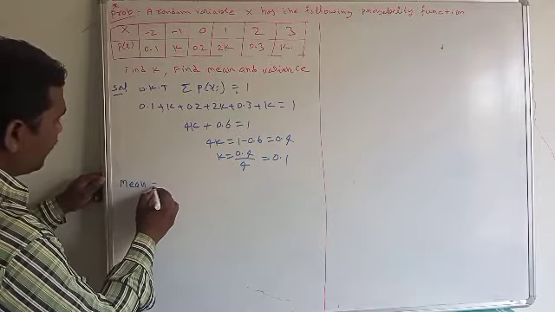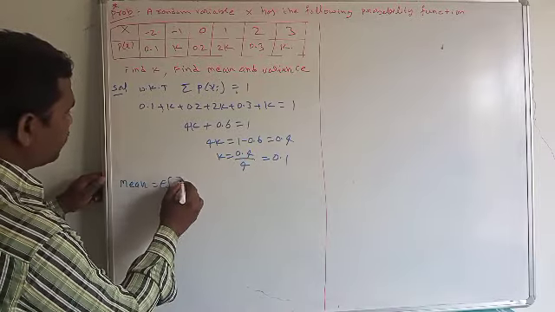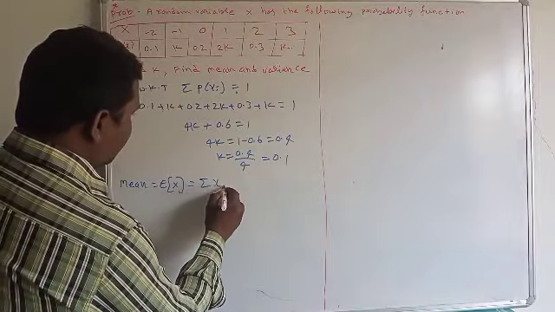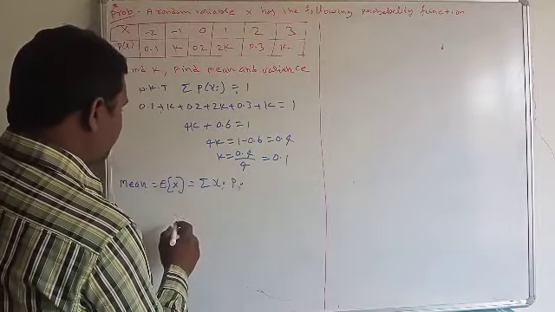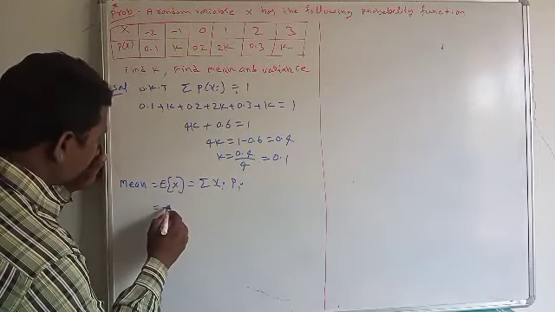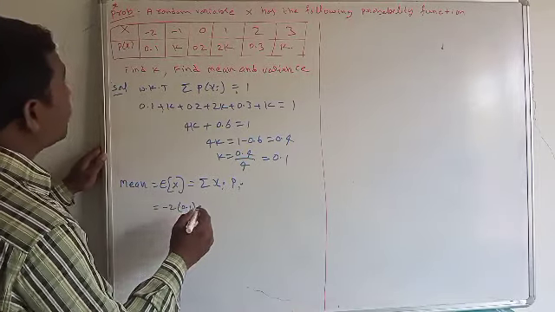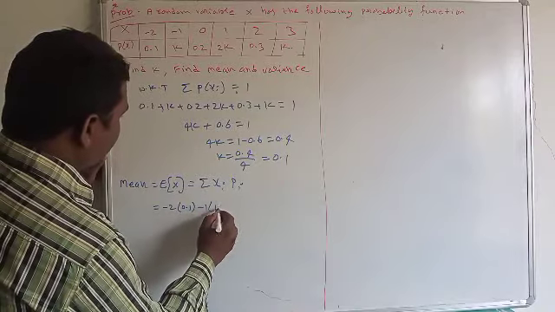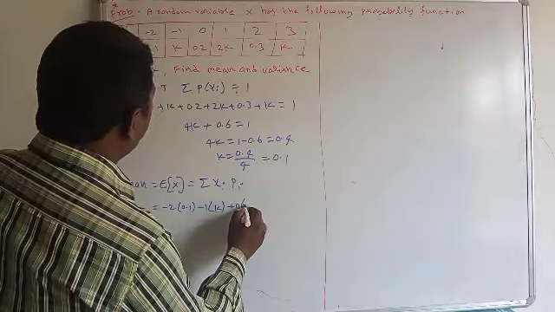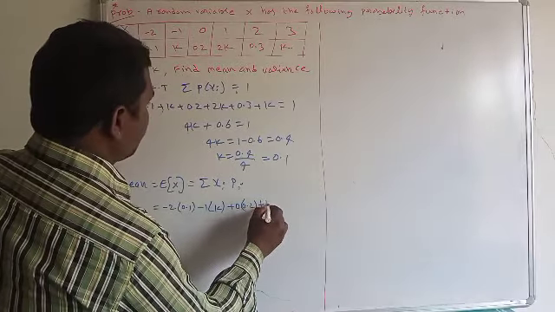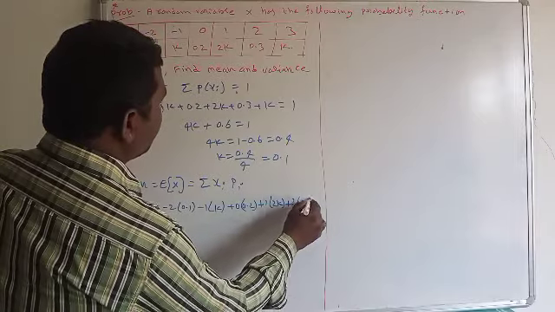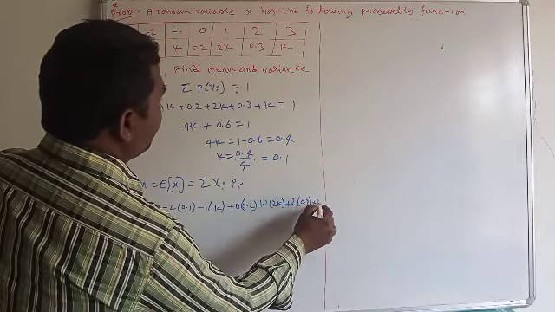What is the formula for the mean? Mean, the expectation of X, is equal to the summation of xi into pi. This is minus 2 into 0.1, minus 1 into k, plus 0 into 0.2, plus 1 into 2k, plus 2 into 0.3, plus 3 into k.